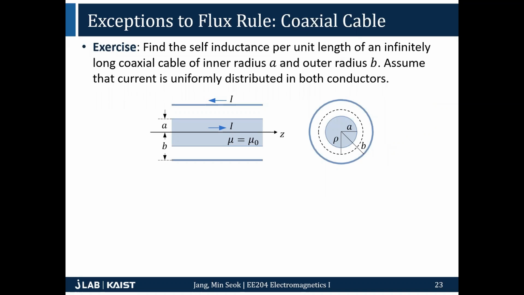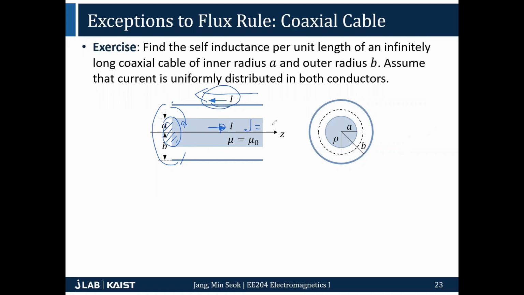So in this case, we have a coaxial cable. It's a cylindrical thing, and the outer cylinder has 0 thickness, and current I is flowing here, and then the inner cylinder, which has a radius A, is not a cylindrical shell, it's just a solid cylinder, and has current I. Here we assume that current is uniformly distributed.